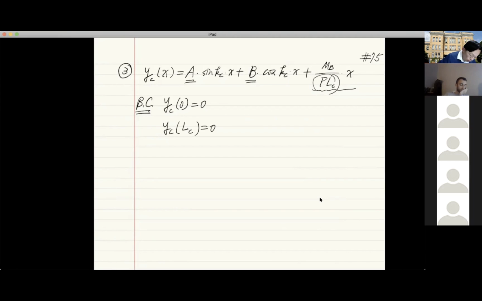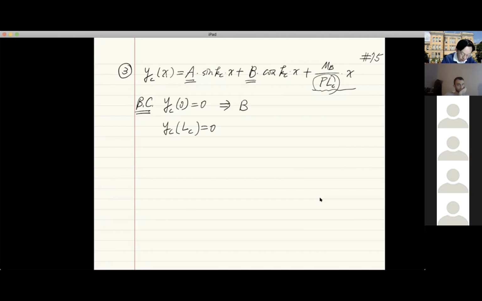Now, by plugging Yc equals 0 at x equals 0, you will cancel out the sine, because sine 0 is 0, but you can find the value of B. So Yc of 0 equals 0 gives you the opportunity to find the value of B. In this case, B times 1 plus 0 plus 0 equals 0.